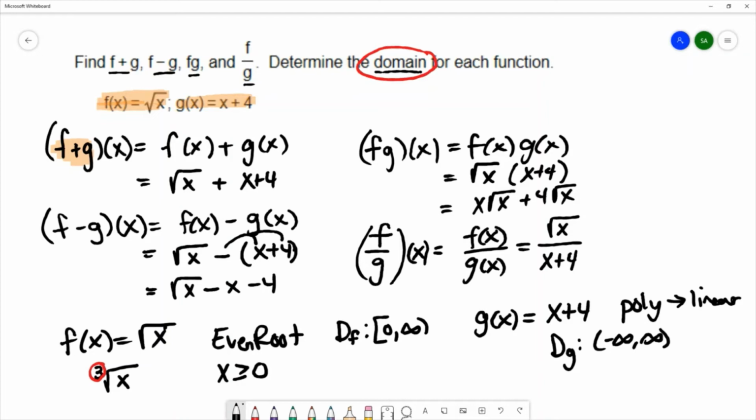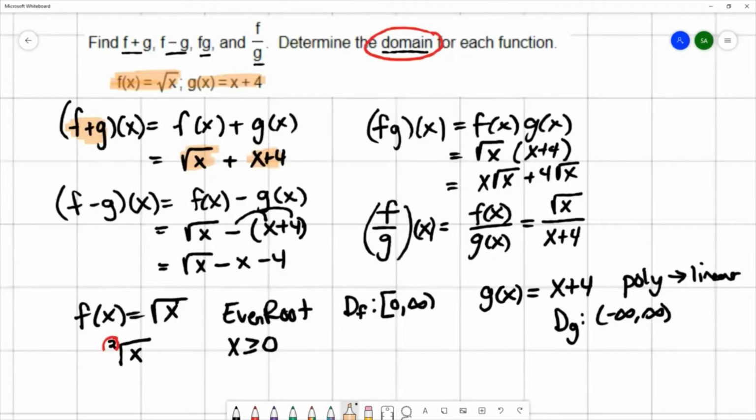So when we create a new function that is based on these individual functions, we have to consider the domain of the individuals. So sometimes I like to draw a picture to help me with this. So let me zoom out a little bit.